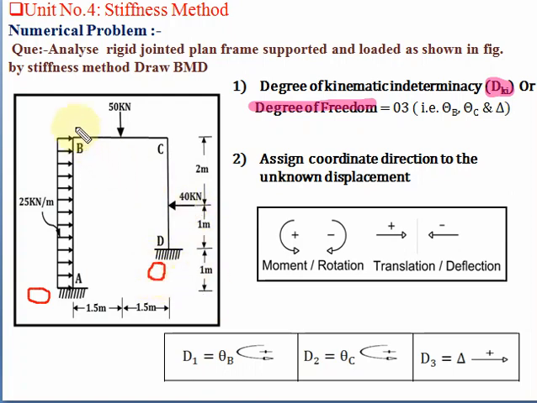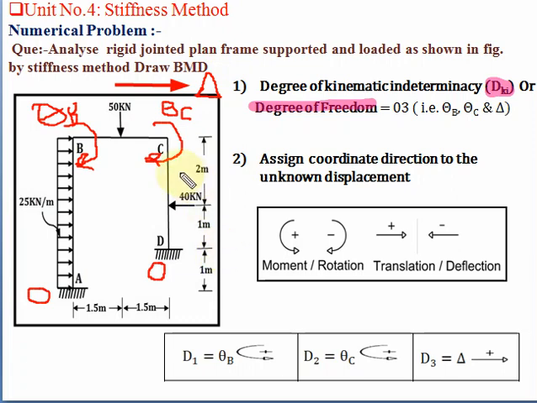Now at joint B, as it is a rigid jointed plane frame, there will be a rotation. That will be theta B, theta for rotation and B for the joint. At C also there will be a rotation, and we'll call it theta C. And here this is a sway frame, so the third unknown will be the sway, that is delta.